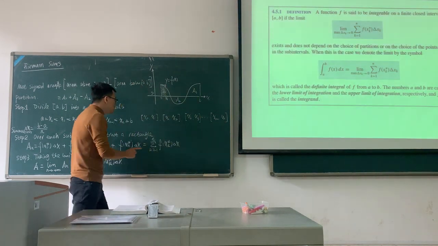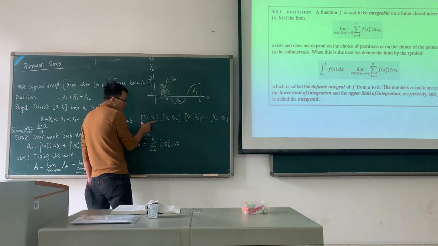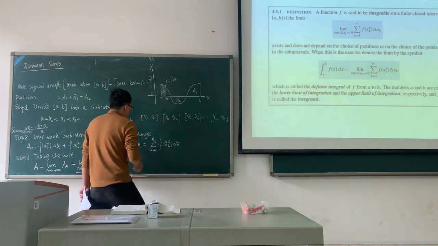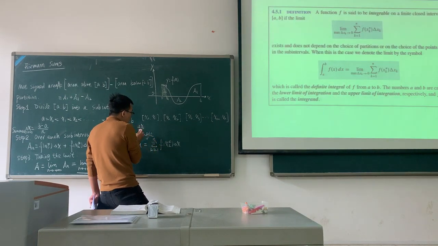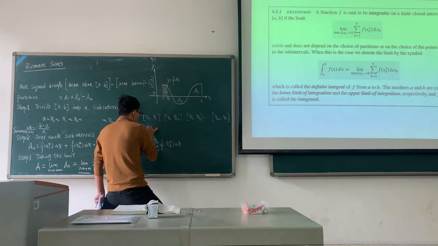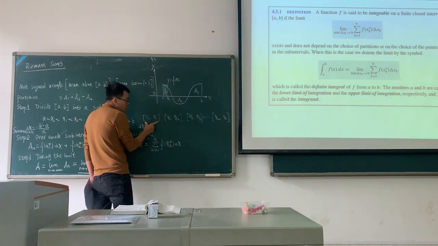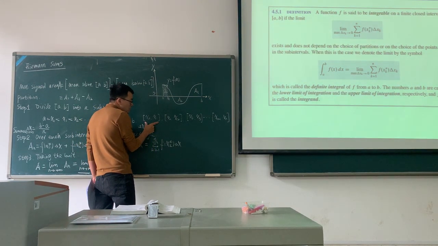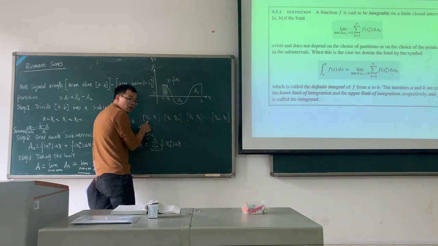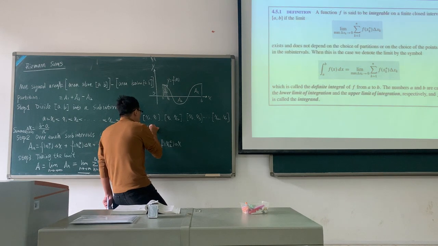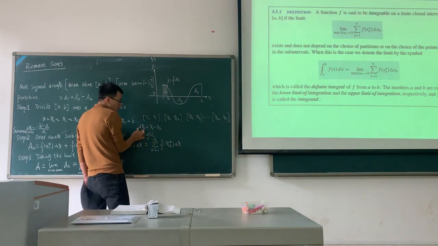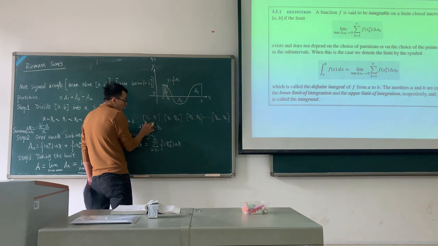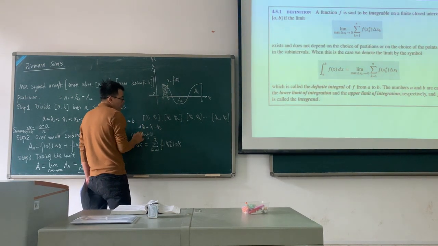Okay. So here the width of the first subinterval is what? Delta x1 is equal to the length of this subinterval, which is x1 minus x0. So delta x1 equals x1 minus x0, and denotes the width of the first subinterval.